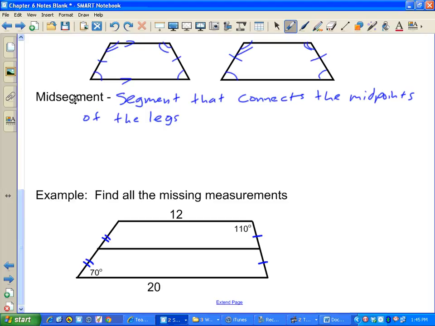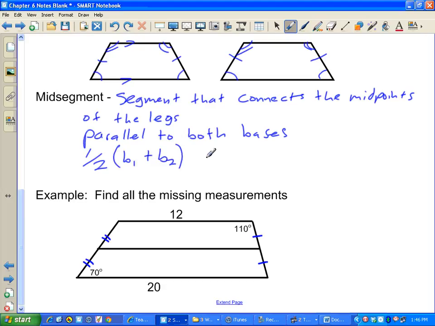And all the same properties that were true from a triangle are also true for a trapezoid. So it's going to be parallel to both bases. It's also going to be half, but it's not half of just one side, it's half of base 1 plus base 2. So half the sum of the bases.